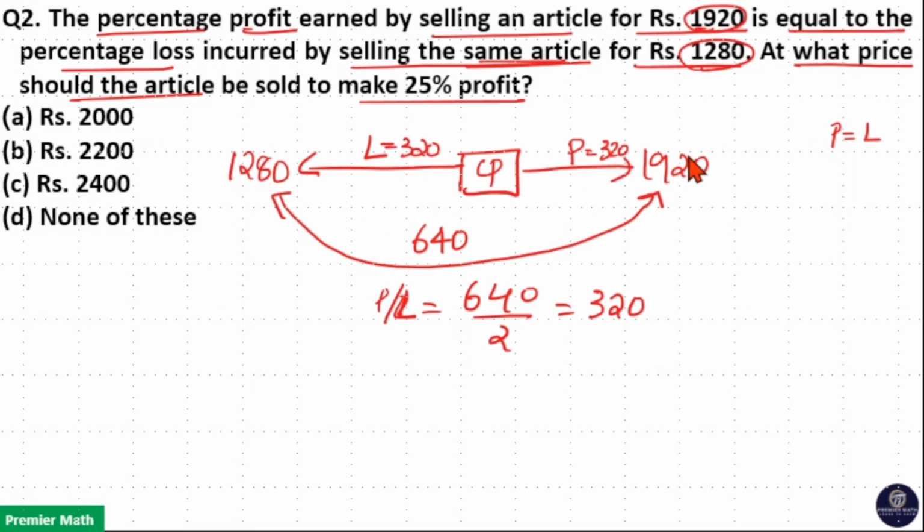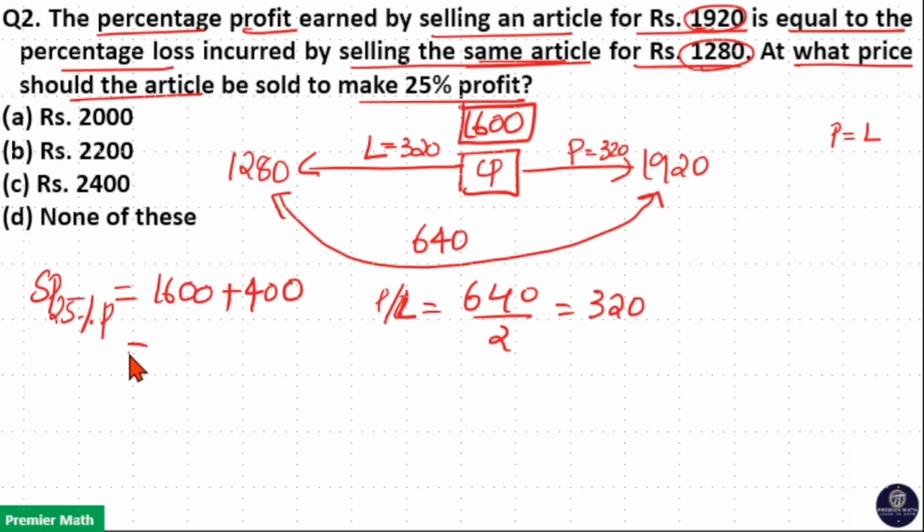So here 1920 minus 320 is the cost price, that is 1600 is the cost price. Now 25% of 1600 is 1 by 4 of 1600. So selling price to get 25% profit is equal to 1600 plus 1 by 4 of 1600 or 25% of 1600, which is equal to 400. So which is equal to 2000. Option A is your answer.